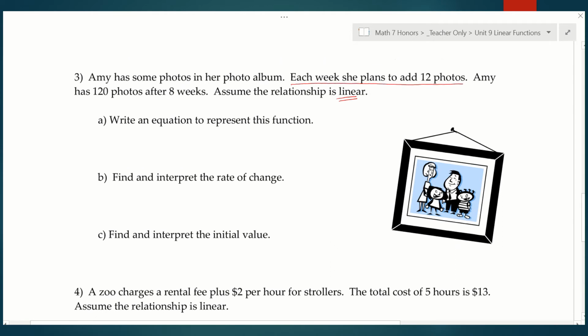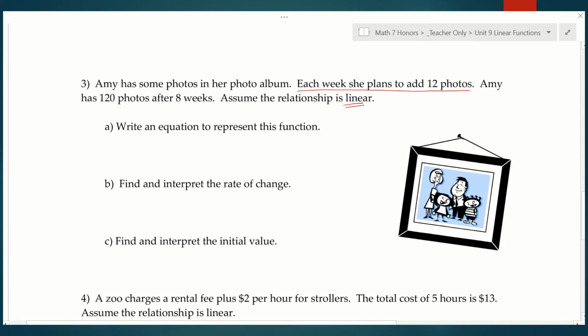That information is your rate of change in disguise, okay? Another way to phrase this would be 12 photos per week. Okay, as soon as you see that per, you know that that's a rate. And so I'm just going to write over here that that is my slope. Any rate of change in a problem is your slope.